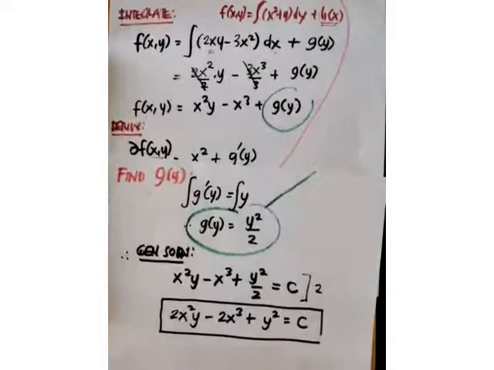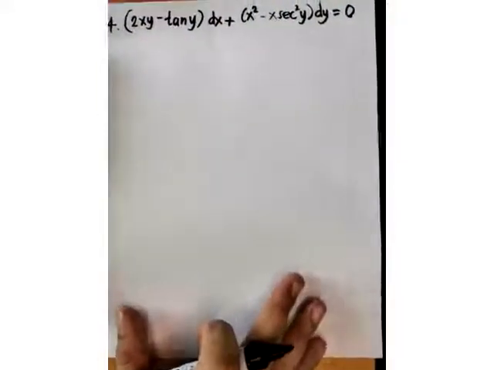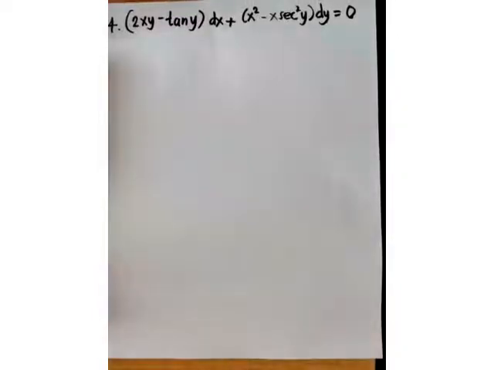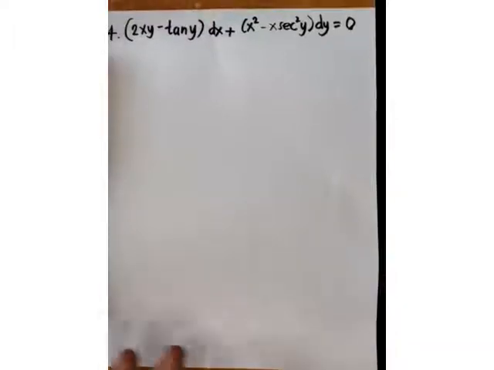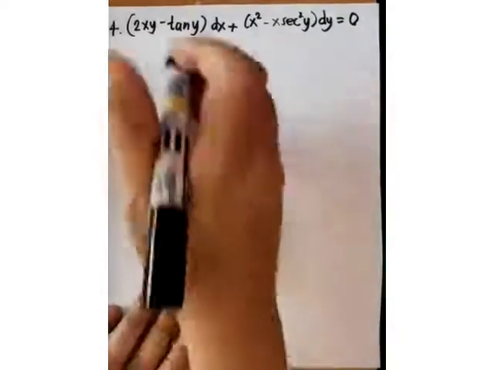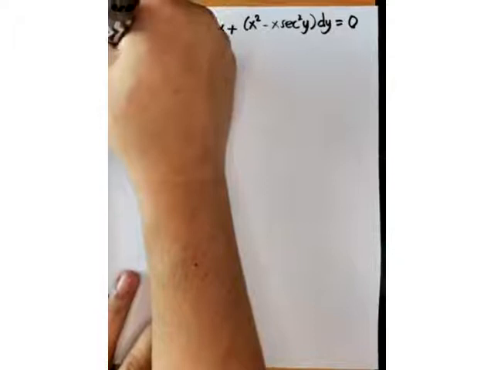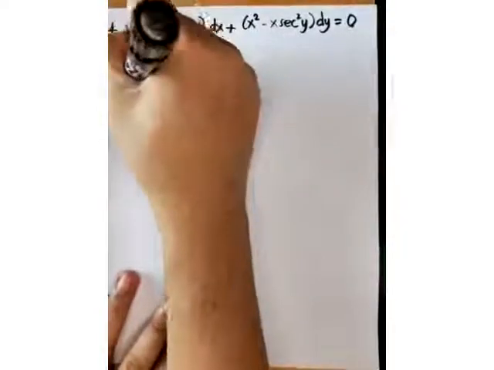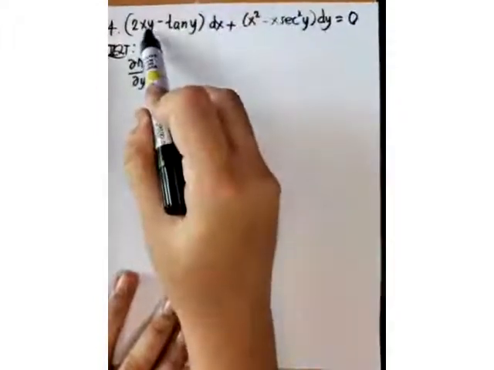Okay? Okay, so let's proceed to our next example. Okay, find the solution of this differential equation. Okay. So first, we need to test if it is exact or not. So what's a partial derivative of m with respect to y? So derive this in terms of y.